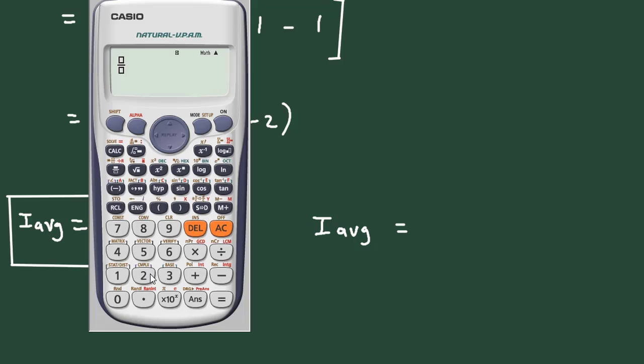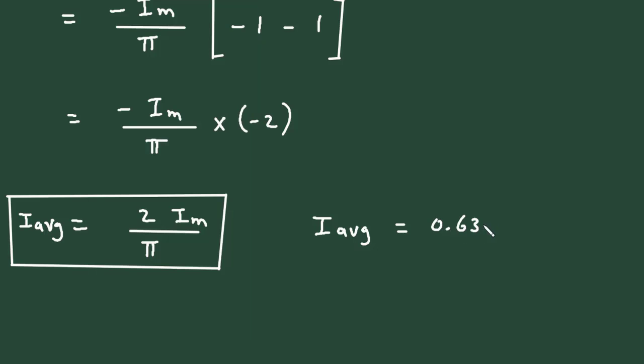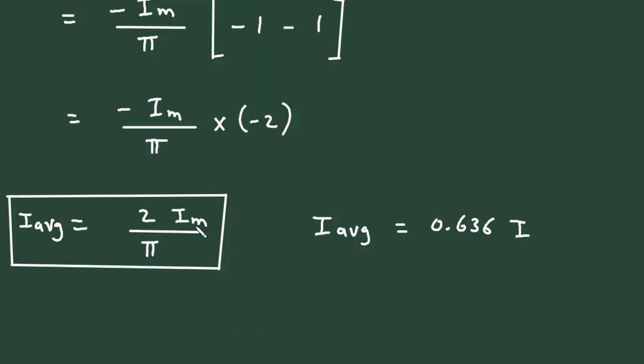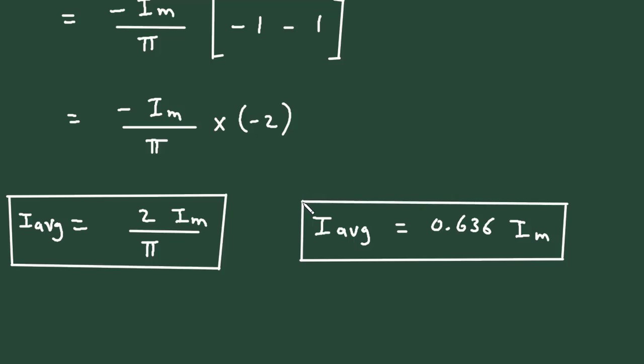So let's take 2 upon pi, it is 0.636. So I average is 0.636 Im. So this is how the average value is calculated.